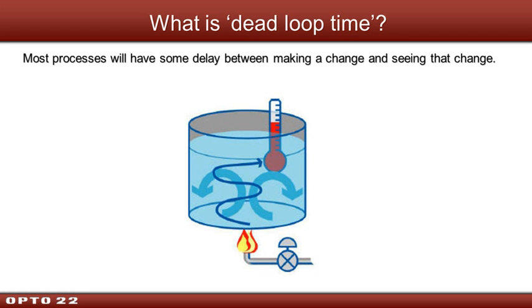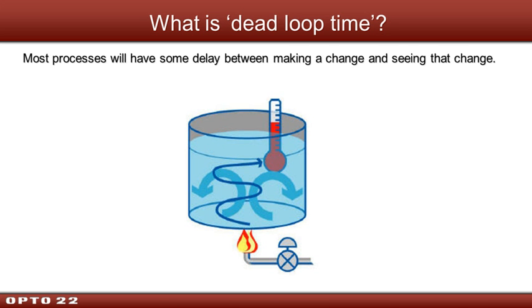We're not going to see an instantaneous change. As soon as we open the flame, within 0.1 of a second, we're not going to see that vessel increase in temperature. The dead loop time is the time between increasing, in this case, the flame, and seeing the change in the water temperature at the sensor location. And obviously, where the sensor is located is going to affect the dead loop time.